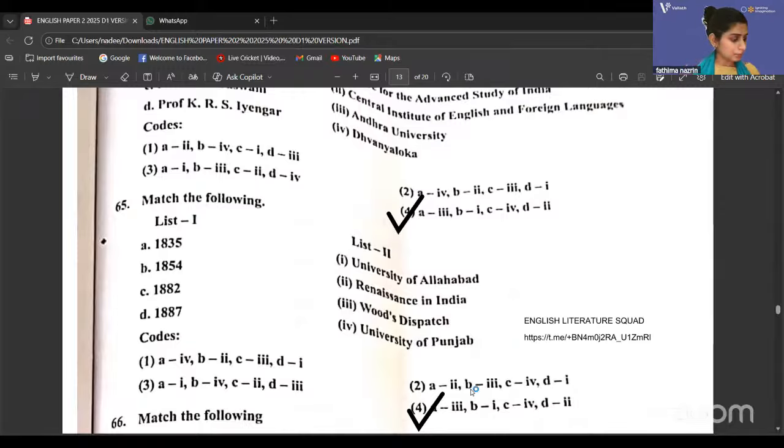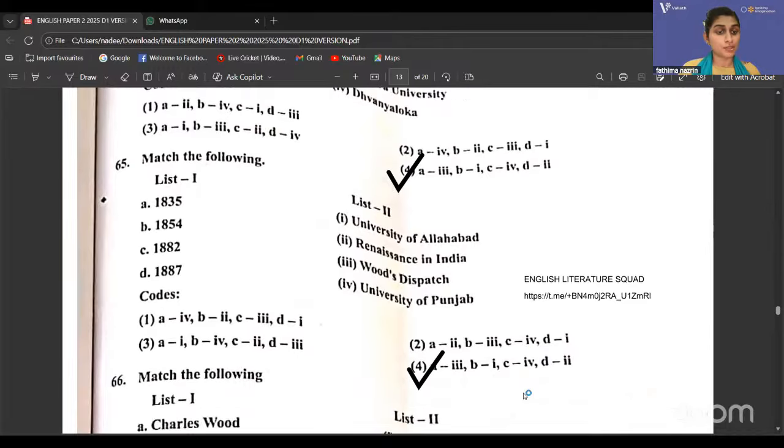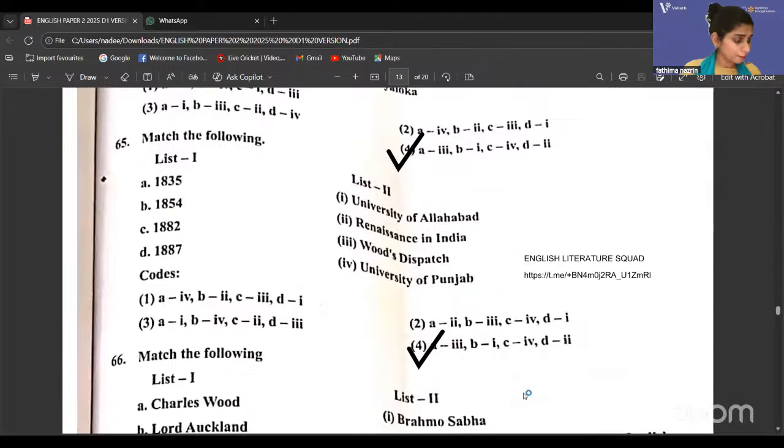And you have A, 1835 is related to Renaissance in India. 1882 was the year in which University of Punjab was established, and 1887 was the year University of Allahabad was established. Okay, so 65, the answer is 2.